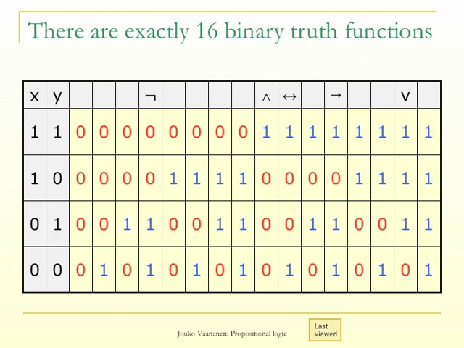The important connectives, negation, conjunction, disjunction, implication, and equivalence, seem to appear somewhat nondescriptly in the table of all binary truth functions. Their important role in our everyday language does not jump to our eyes.